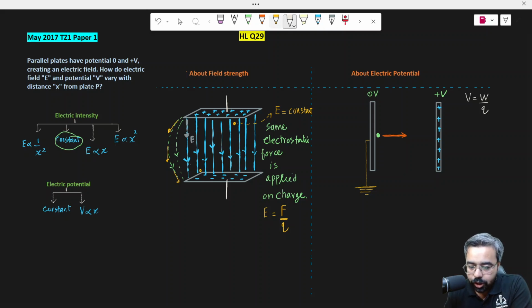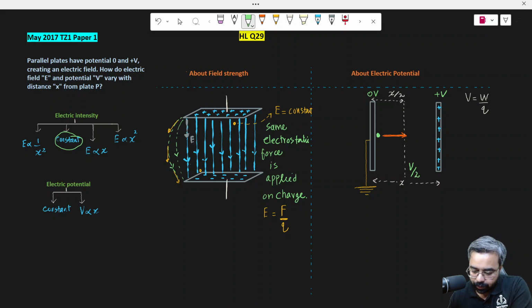I can show you exactly in the middle, when the distance from the initial point is x over 2, where x is the total distance between the two plates. Exactly at that point, the potential is half of its value.